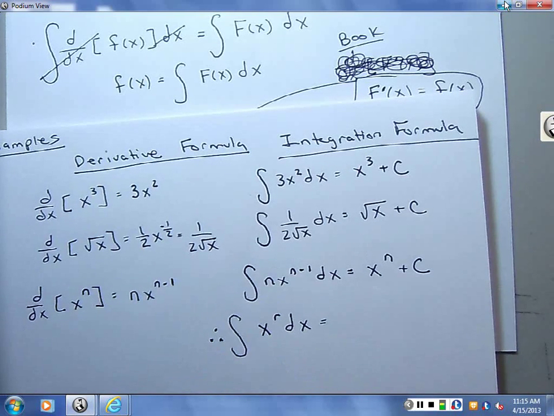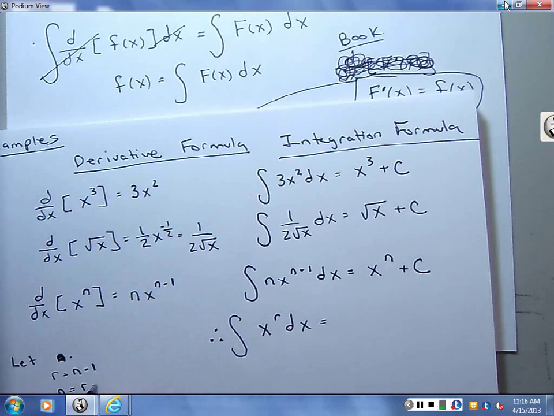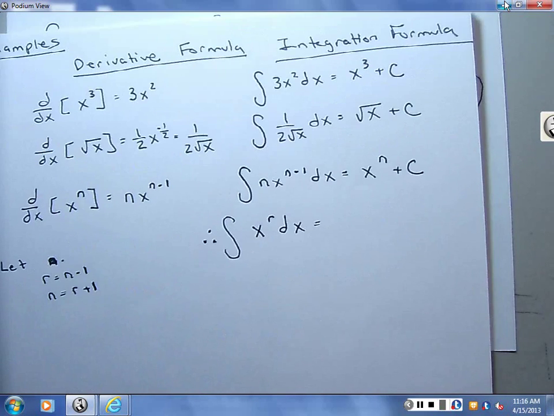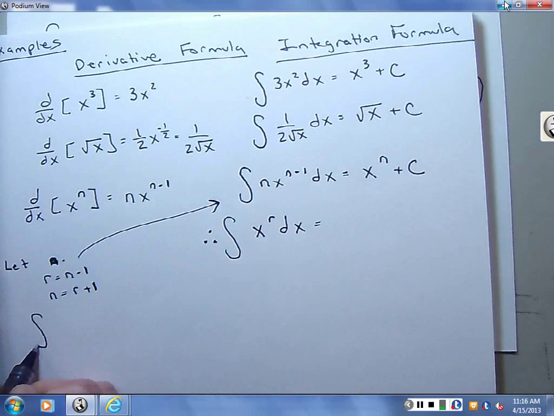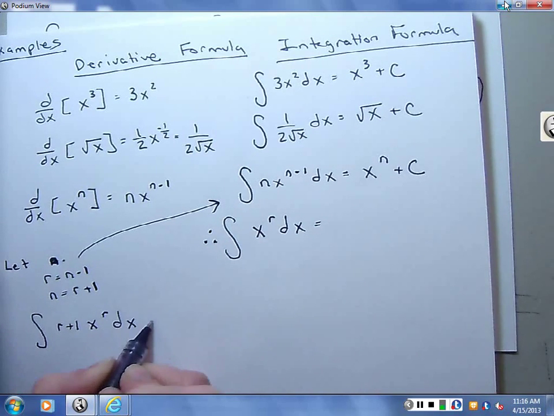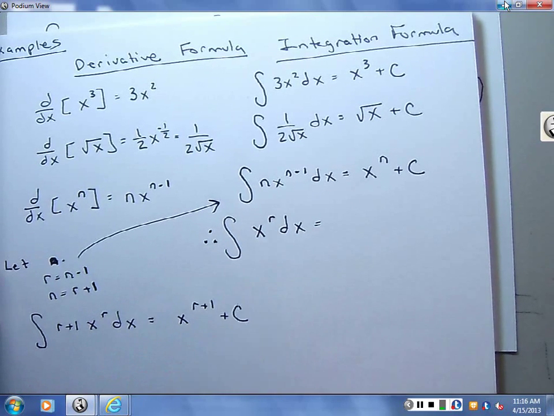Well, if I let r be n minus 1, so n is r plus 1, then from this substitution I have the integral of (r plus 1) x to the r dx equals x to the r plus 1 plus c, right?